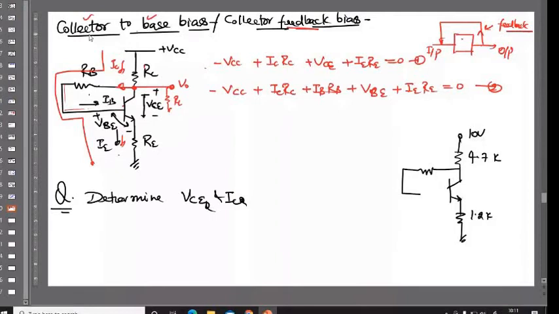Here a capacitor is connected, 10 microfarad, at the input terminal, and one capacitor is connected at the output terminal, also 10 microfarad, and beta is given as 90. This is plus 10.